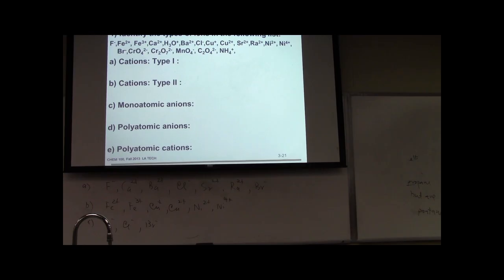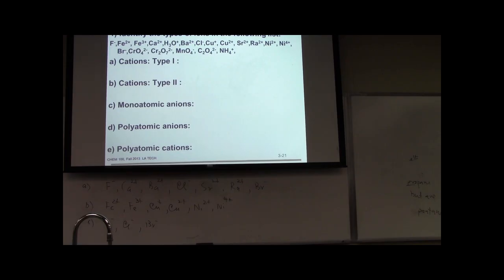Chromate ion, CrO4 2 minus. Dichromate ion, Cr2O7 2 minus. Permanganate ion, MnO4 minus. Oxalate ion. Oxalic acid is in food and drink sometimes, and that's the oxalate ion.